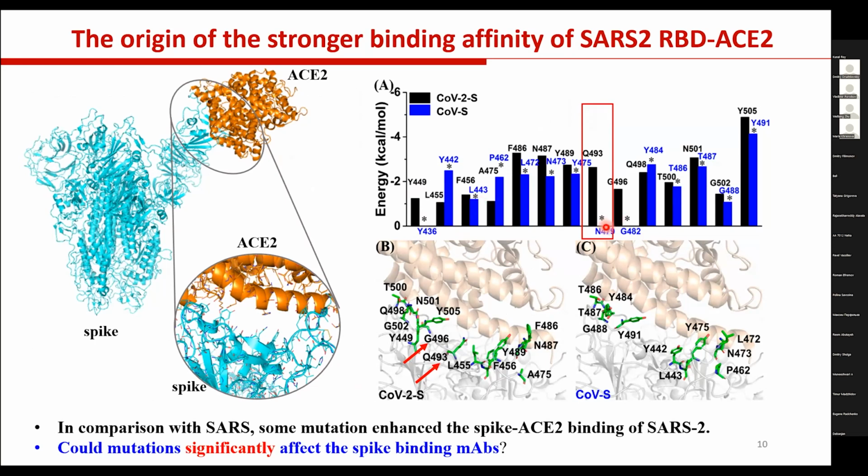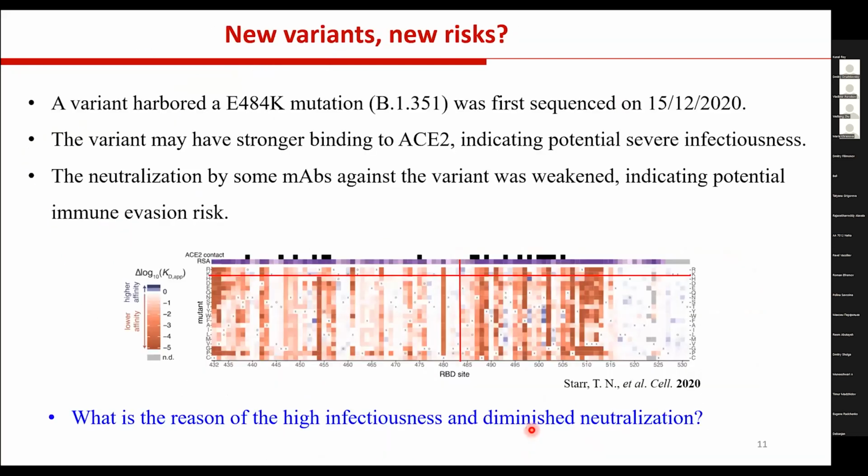Then we found some mutations, for instance, this N to Q, this L to R F. Some mutations enhanced the spike-ACE2 binding. And then we think that the mutation may also affect the binding to the monoclonal antibodies of the spike protein.